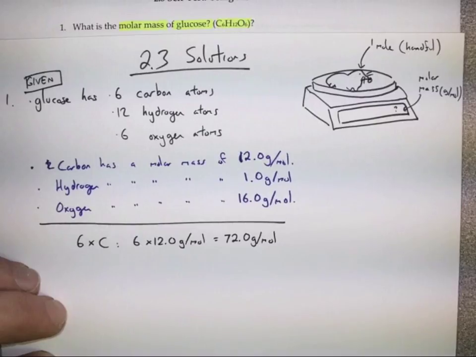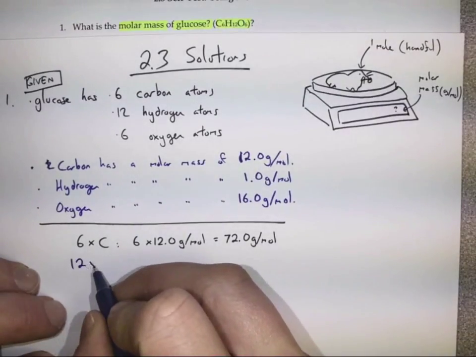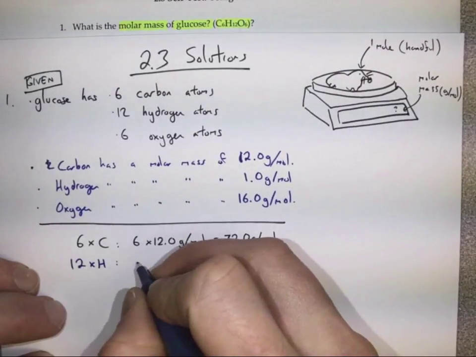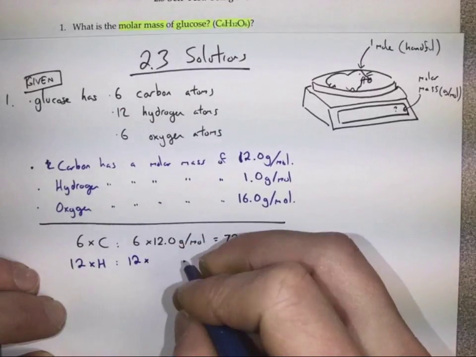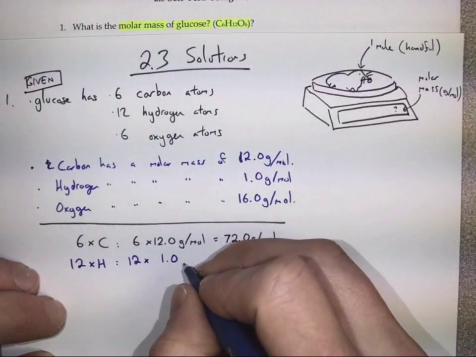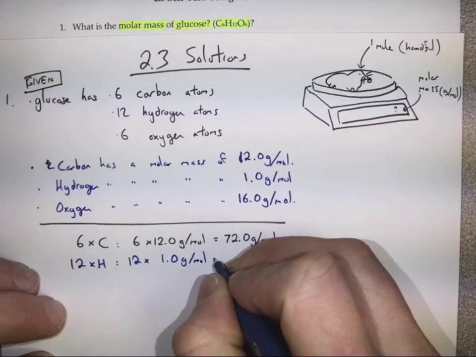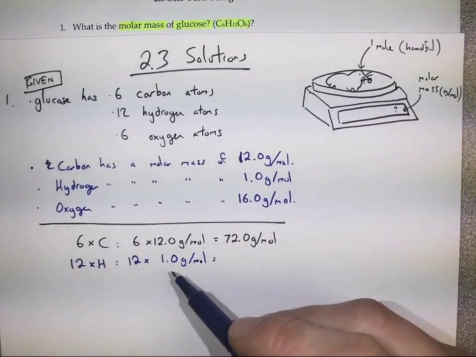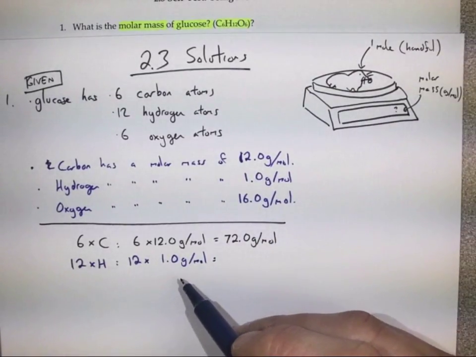Now I also know there are 12 hydrogens. So I'm going to have 12 times 1.0 grams per mole. When I put that into a calculator, it gives me 12.